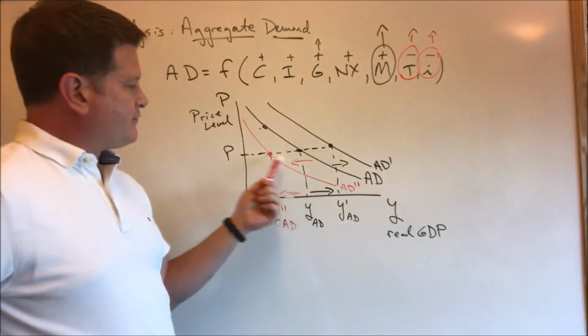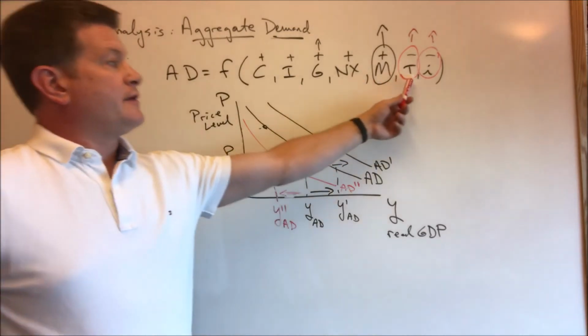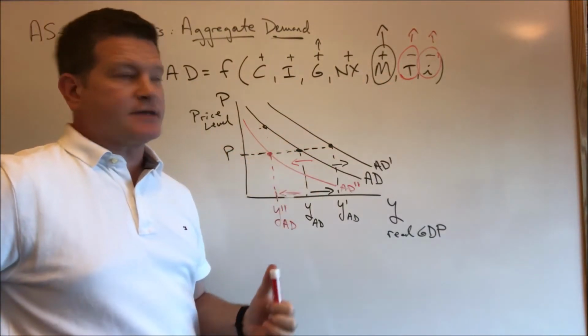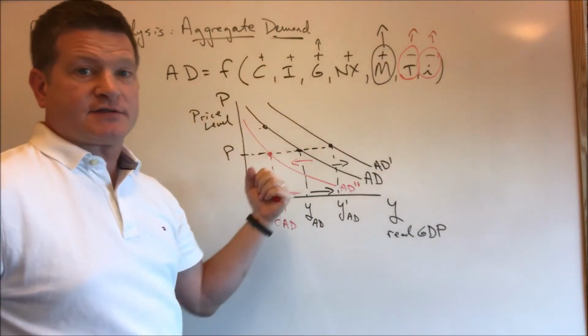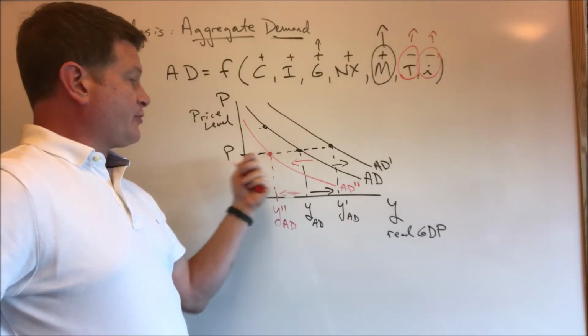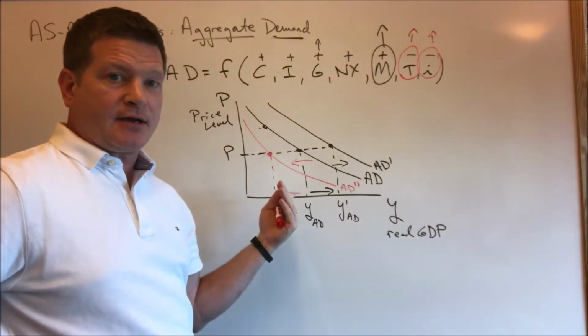In this case, for the same price level, there's more taxes, so you have less money to spend, so consumption and investments fell. So for the same prices, there's less aggregate demand in the economy.